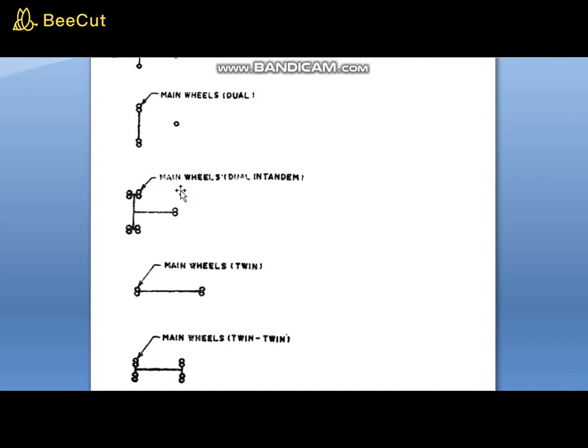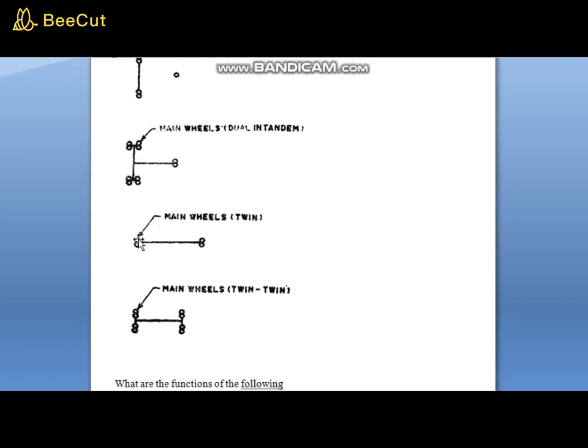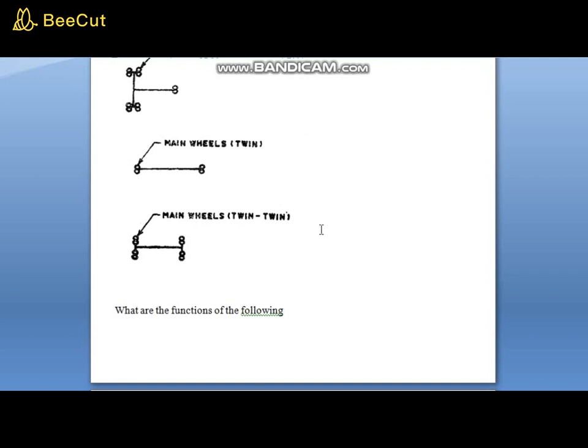We call this type of assembly, 4 tires at one side, 4 tires at the other side, 2 at the front side, main wheels dual in tandem. With 2 tires at the back and 2 tires at the front, we call it main wheel twin. With 2 tires at one side, 2 tires at the other side, and in the front the same repetition, 2 tires, we call this configuration twin.